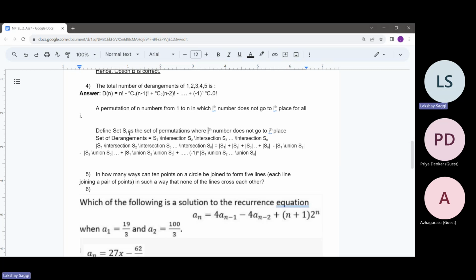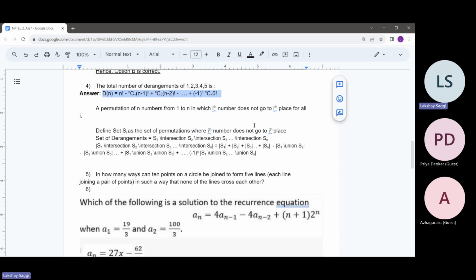So now set S1 is the set of permutations where first number does not go to first place. So if first number does not go to first place, then we need to find the number of possible ways to count, right? So what I'm trying to claim is, using this sort of principle, we can derive this DN formula.